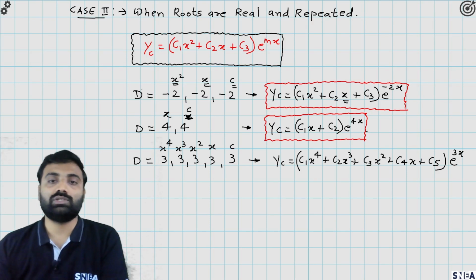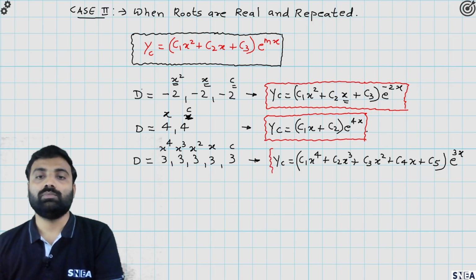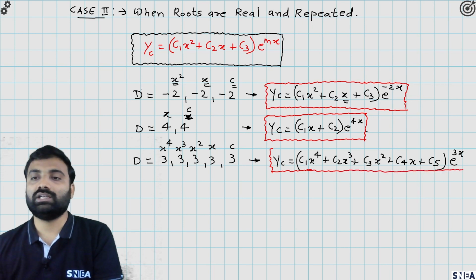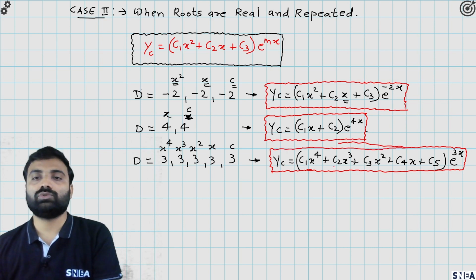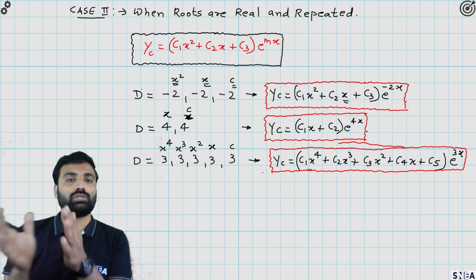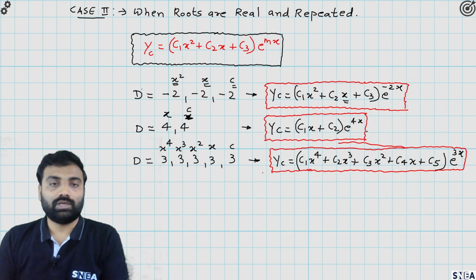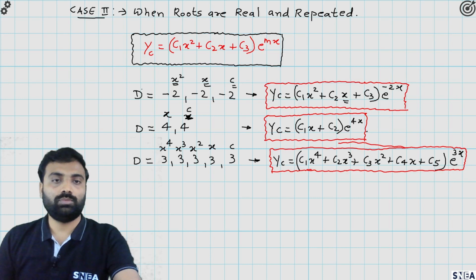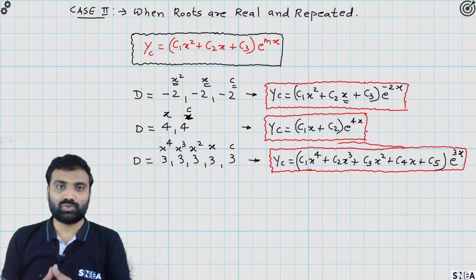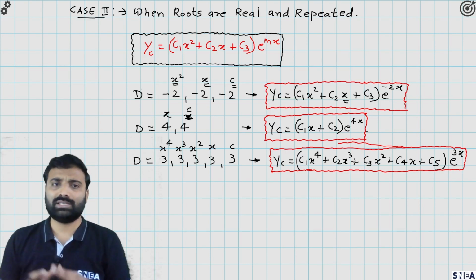So this is your case number 2 when the roots are what, students, real, और वो क्या हो रहा है, repeat हो रहा है. For that the most simple term should be to learn this constant x or x square. Okay, perfect. I hope you have understood this case also, case number 2, और दो ही केस रह गए हैं.